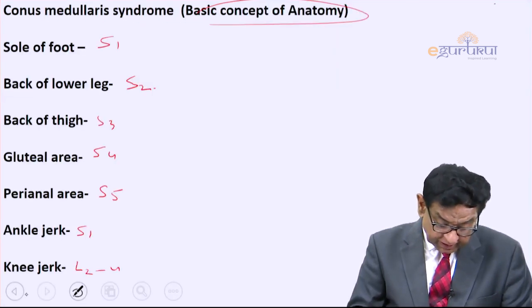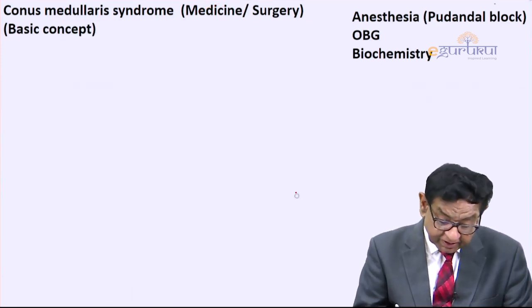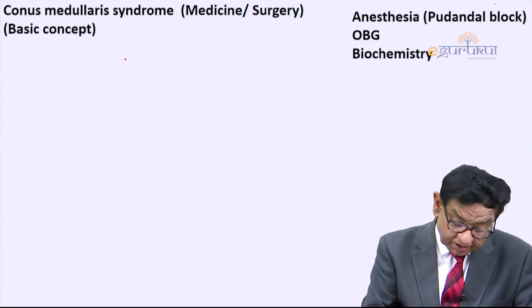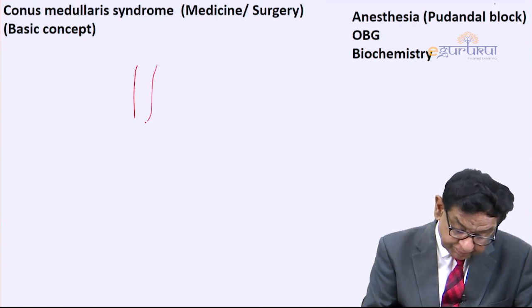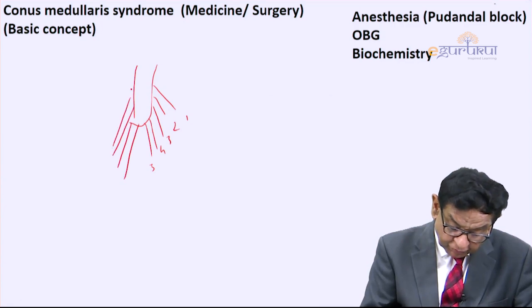Well, now in Conus medullaris syndrome, we'll talk about the medicine and surgery aspect of the bladder. Okay, so let me tell you what the Conus medullaris is. Lower end of spinal cord. This is S5, S4, S3, S2, S1, S5, 4, 3, 2, 1.